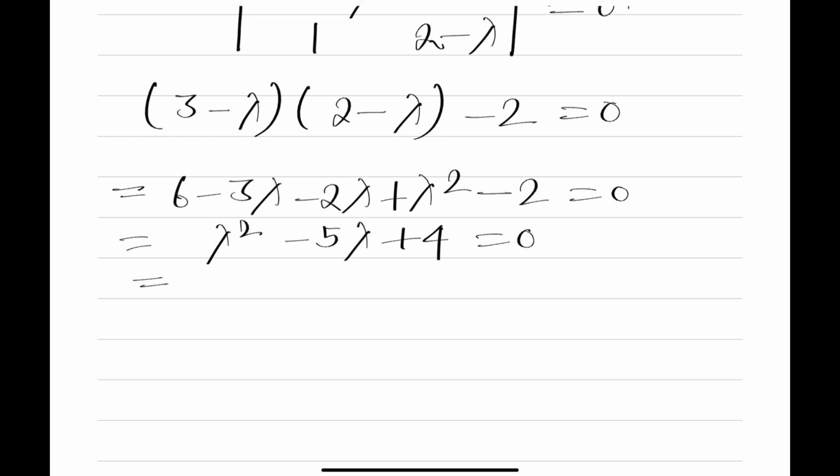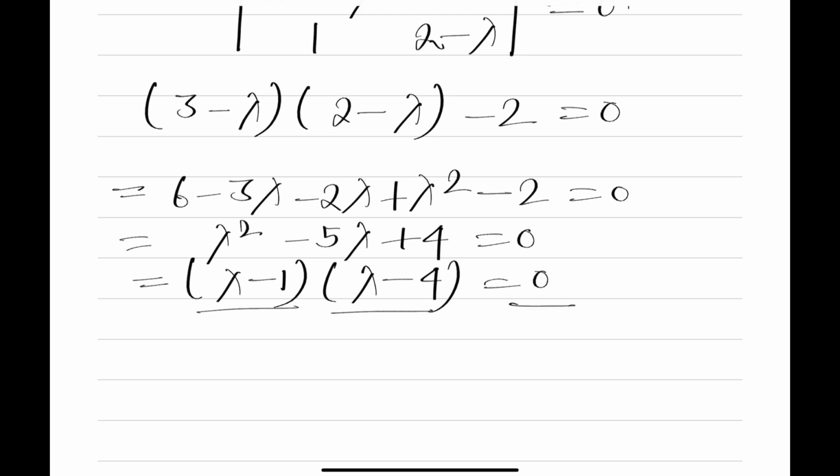It will finally become (lambda minus 1)(lambda minus 4) equals 0.